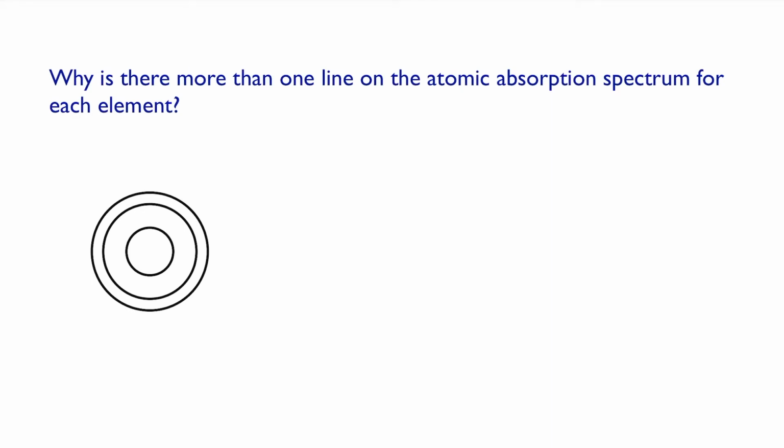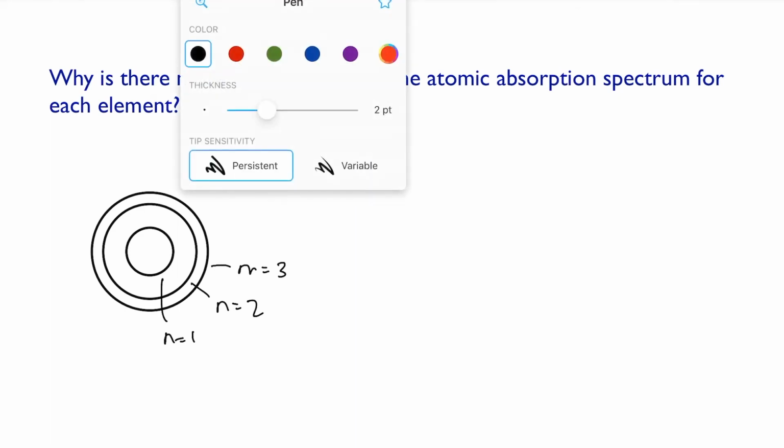A spectrum for an element is made up of a sequence of lines, and that sequence is specific, it's unique to that element. So why have we got more than one line? Well, if we think about it, we've got a number of possible different electron transitions. So if that is n equals 1, n equals 2, we've got 3 energy levels in this particular atom.